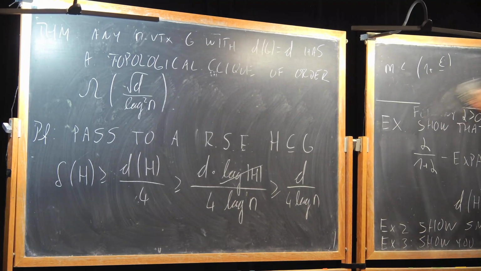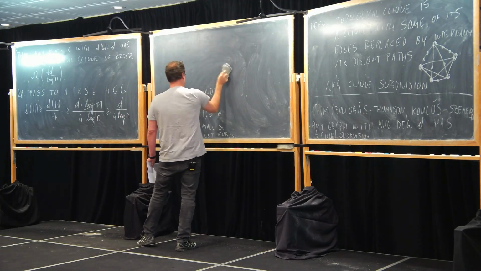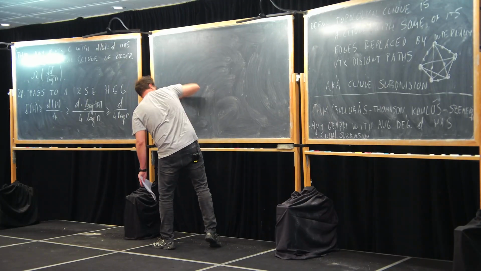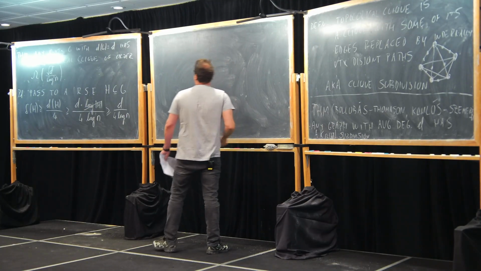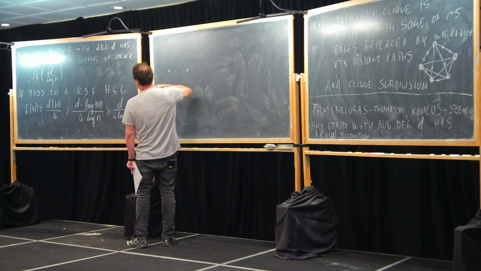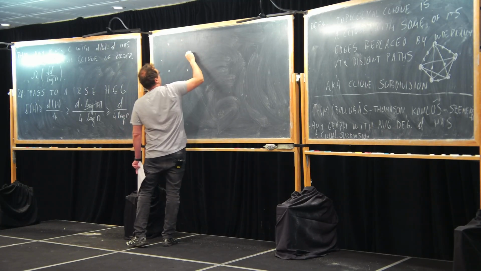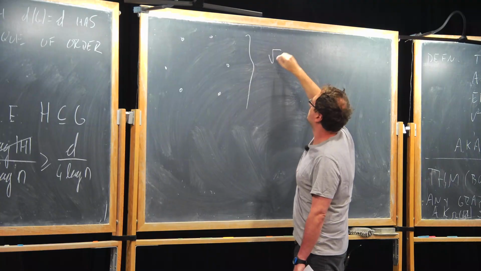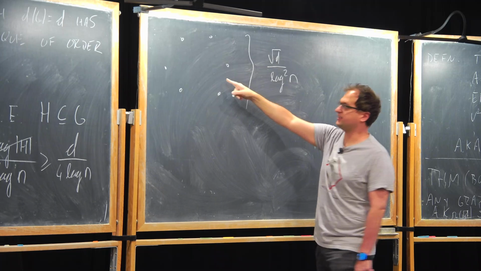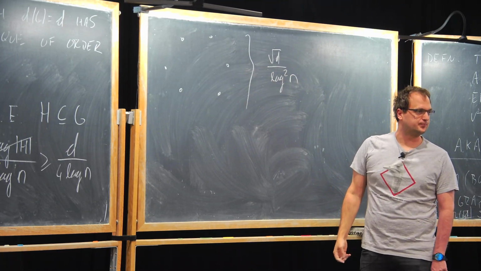So now what's our strategy? It's reasonably simple, and hopefully not too complicated to write down. So fix arbitrary root d over log squared n many points, and I'm going to decide that these are going to be my anchor points.